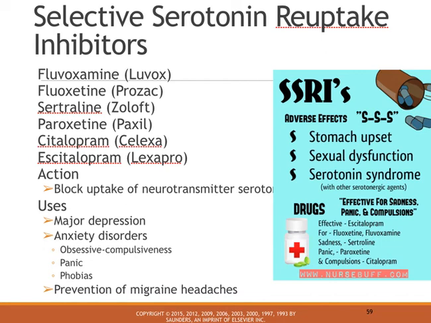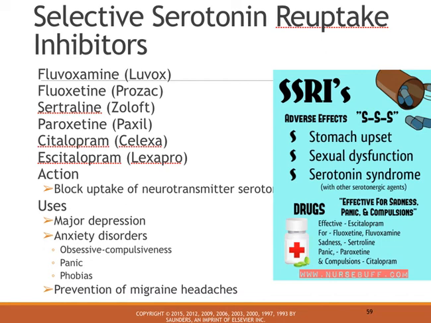And if we take one up, we're taking it up and we're using it and we hold on to it. So if we block that uptake, that means it can't be used up and held on to, which makes more of it free and floating around. And so selective serotonin reuptake inhibitors have some common side effects: stomach upset, sexual dysfunction, and the risk for serotonin syndrome.